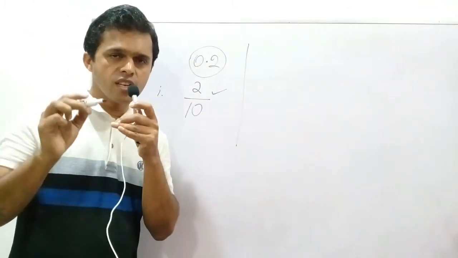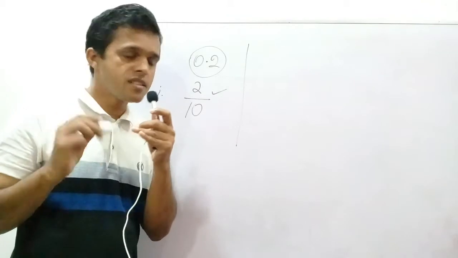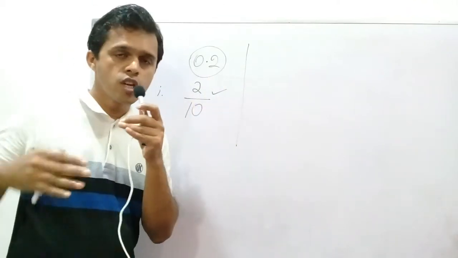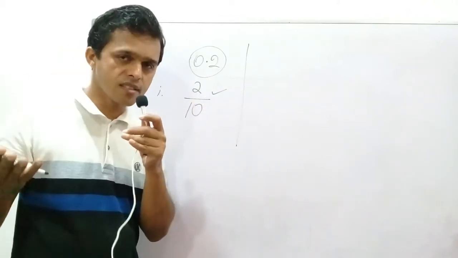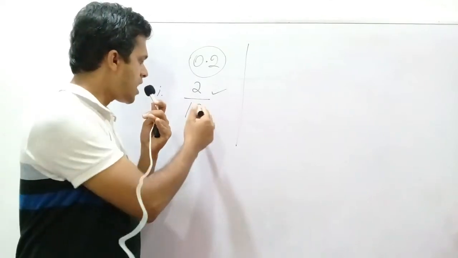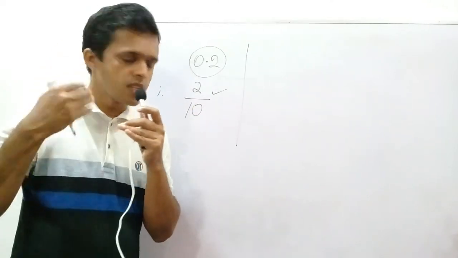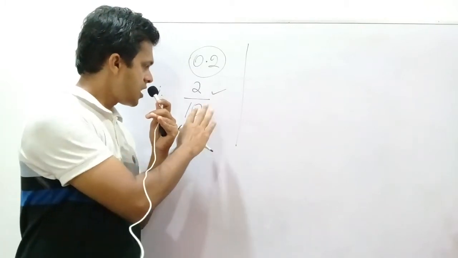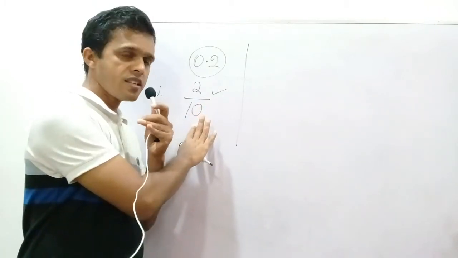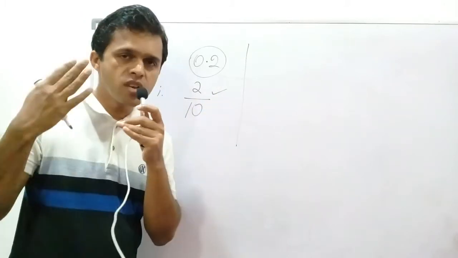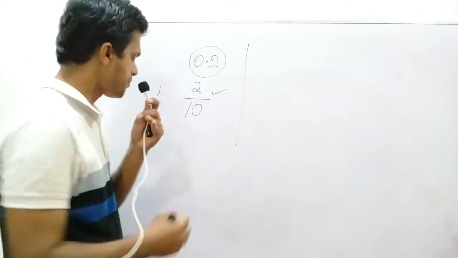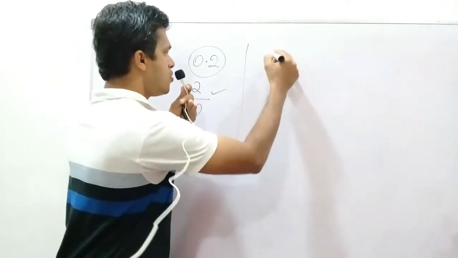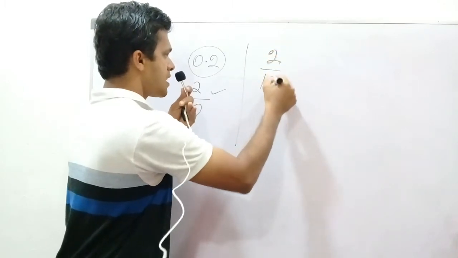Firstly, it's given 0.2 to convert into a fraction. We have done it. Number 2, you have to simplify. This fraction should be kept in the simplest form. Let's do that. 2/10.